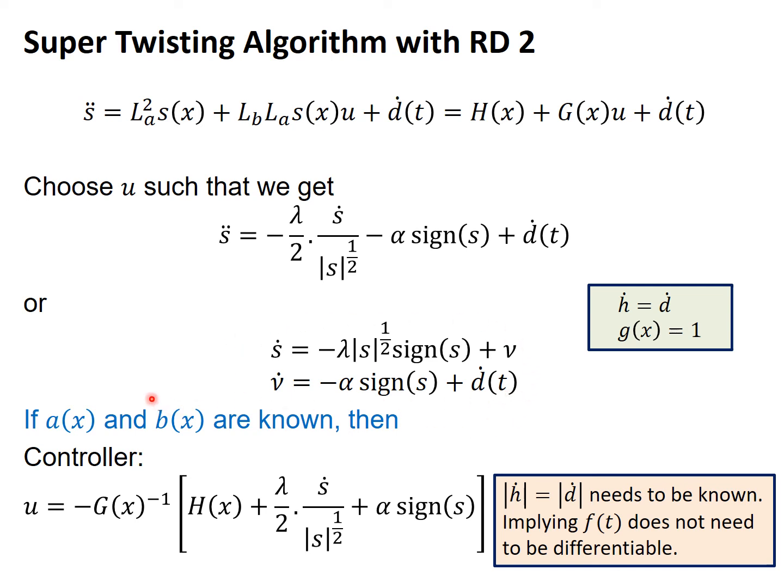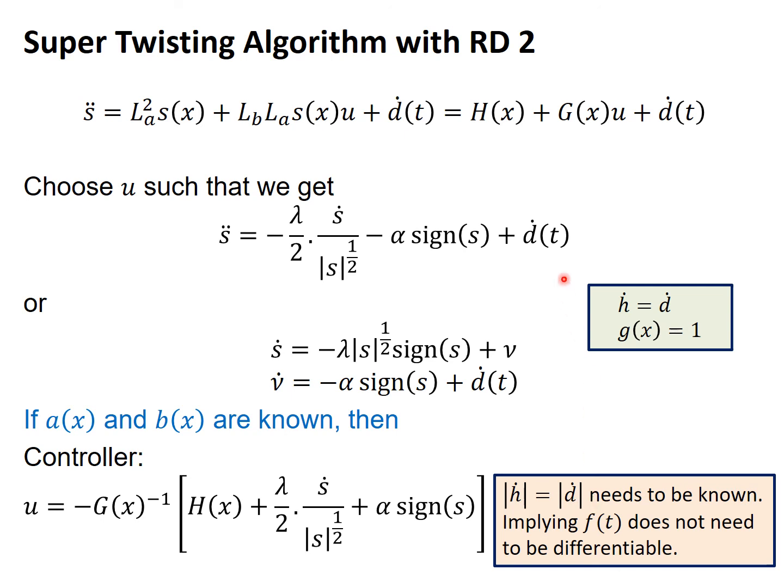Okay, and now if your A(x) and B(x) are known, then you can fix the controller like this. You can choose your U like this, which will give you this particular form, and here you know your H dot is equal to G dot is equal to D dot and G(x) equals 1. So what we can conclude here is that D dot needs to be known.